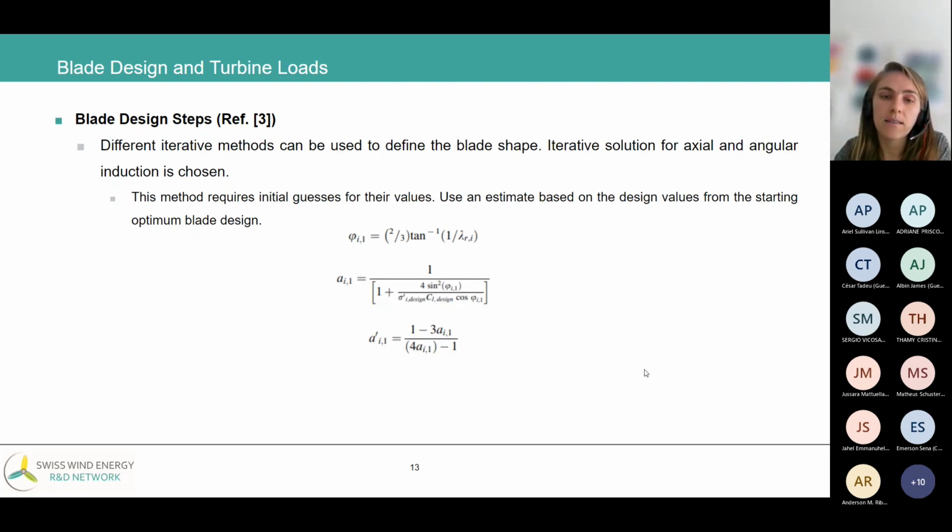And then here, you can solve, for example, in other method for the lift coefficient, but then the method I chose was using these inductions. And then you will define a first guess for the induction.